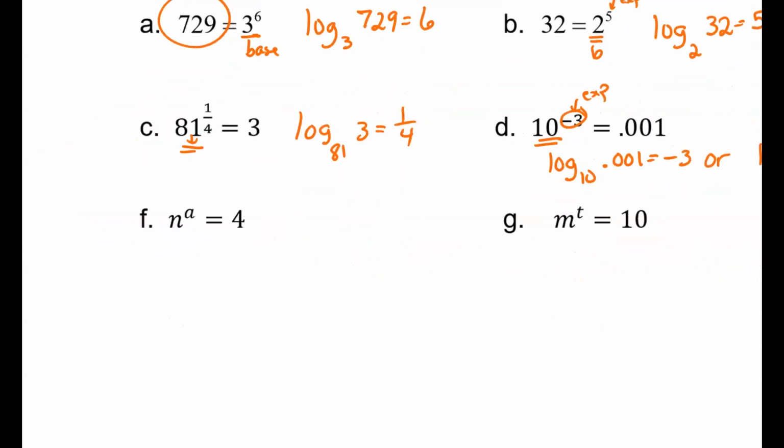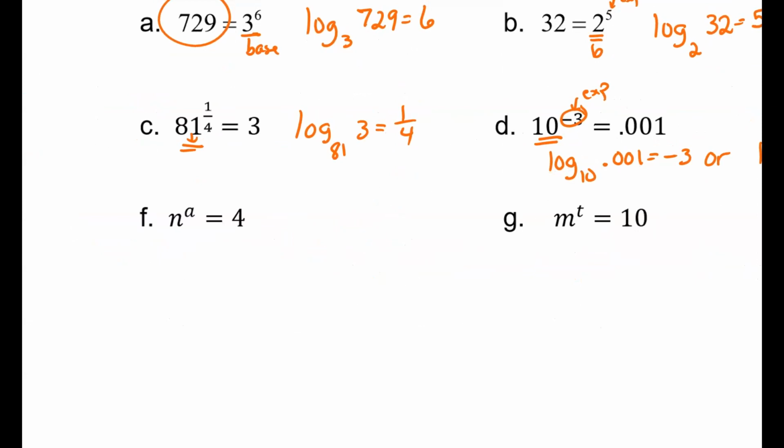All right, now you can do this all with variables as well. So here we have n raised to the a is equal to 4. But here's the thing you need to remember. This is my base. This is my exponent. All right. So when we work with it, we go log base n of 4 is equal to a, which is your exponent.